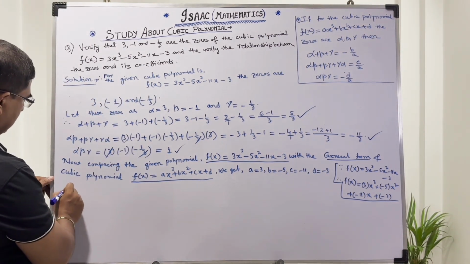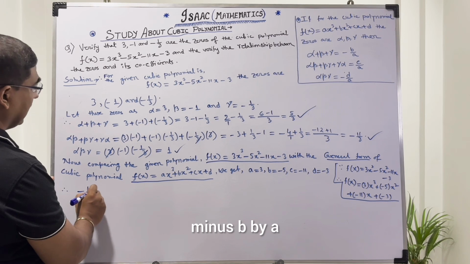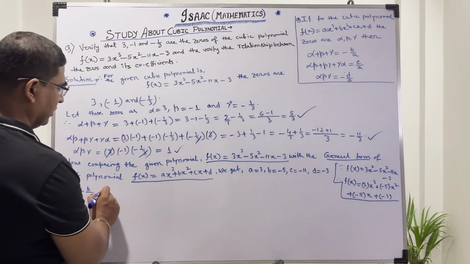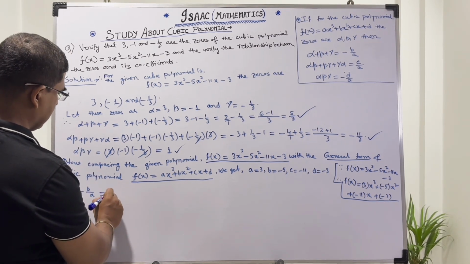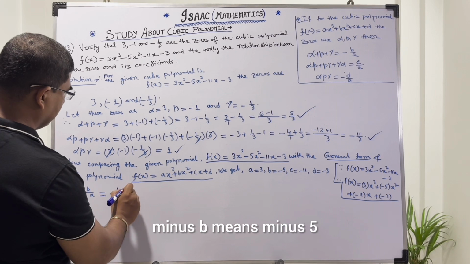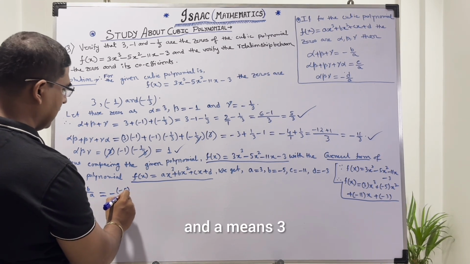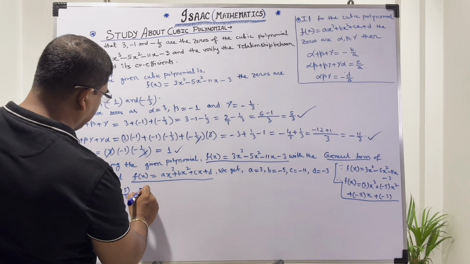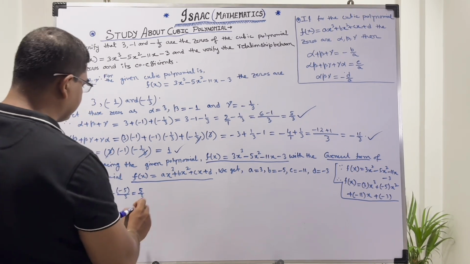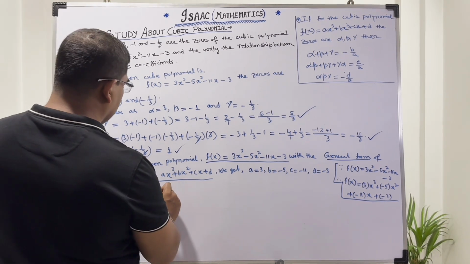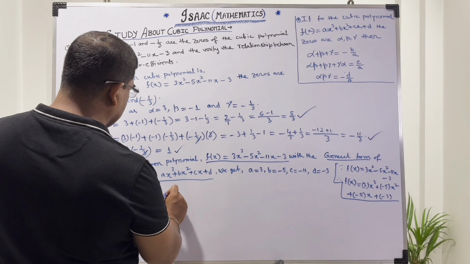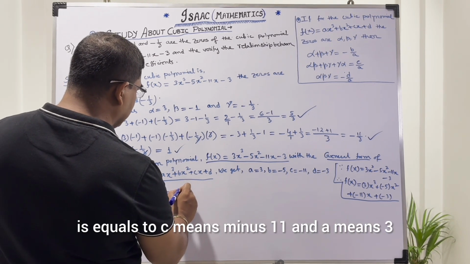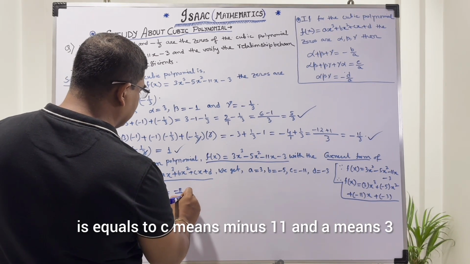So therefore minus b by a is equals to minus b means minus 5 and a means 3. So this will give 5 by 3. C by a is equals to, c means minus 11 and a means 3.